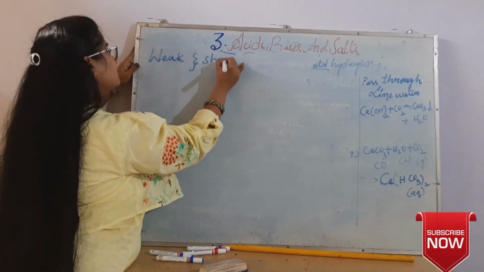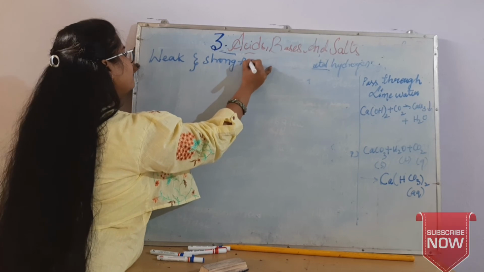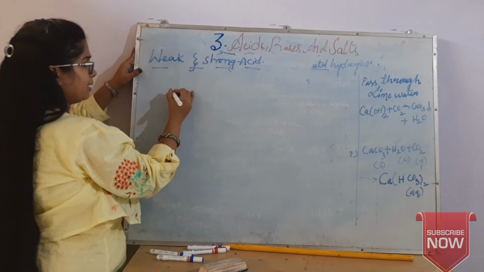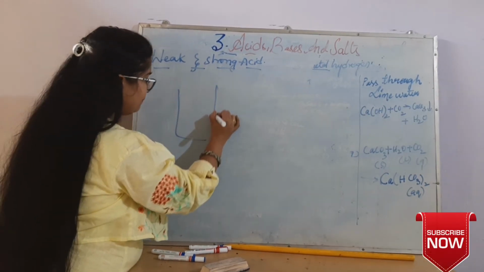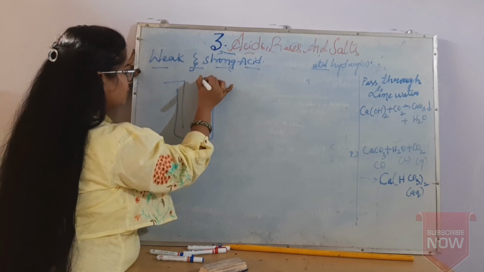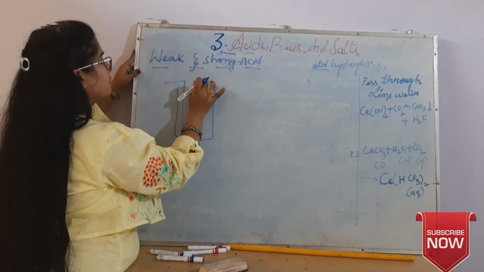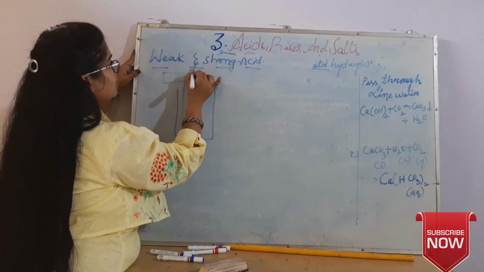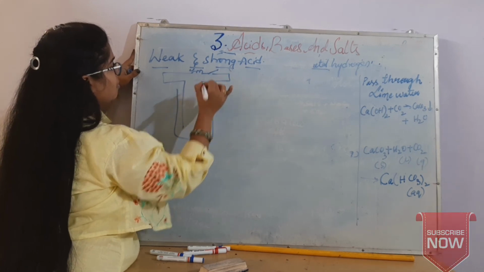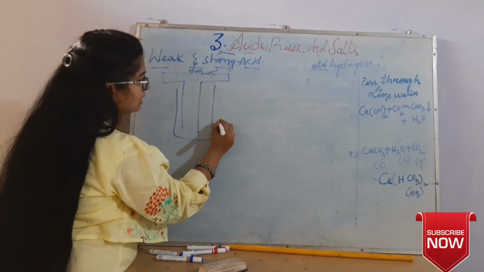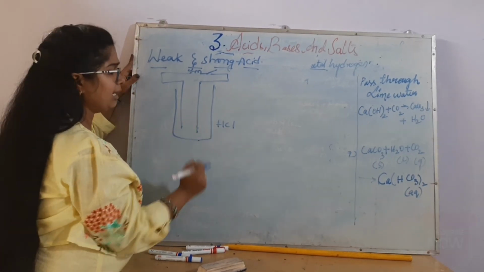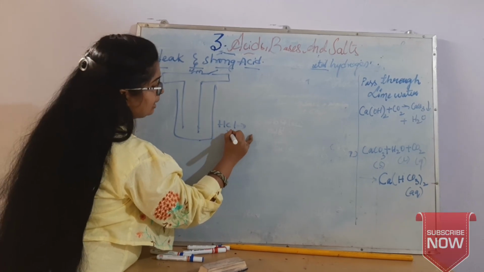Strong acids: the same bulb experiment, take one beaker, add HCl solution. The bulb will glow very, very brightly.